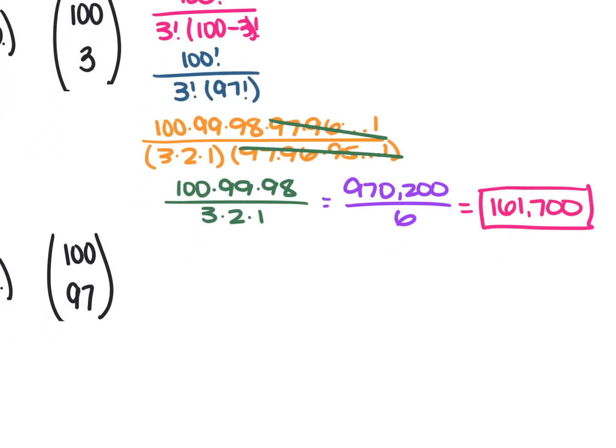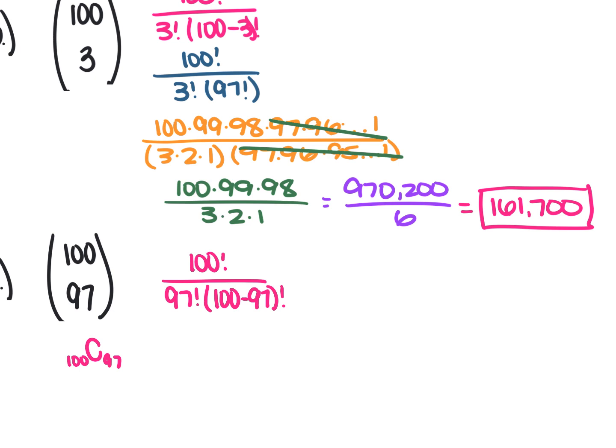Your last example with your 100 as your top number, your 97 as your bottom number. Again, you would see this as 100 C 97, so that way it's a combination factorial. That 100 is going to go on the top, and you'll have 97 factorial times 100 minus 97 factorial.